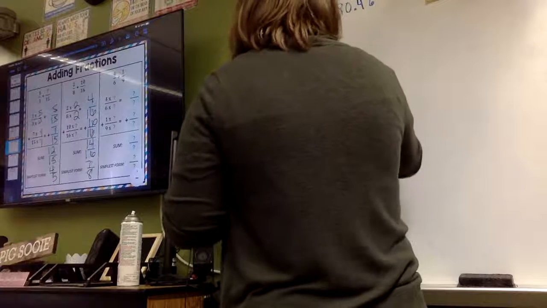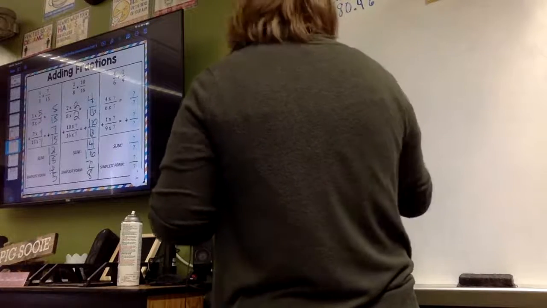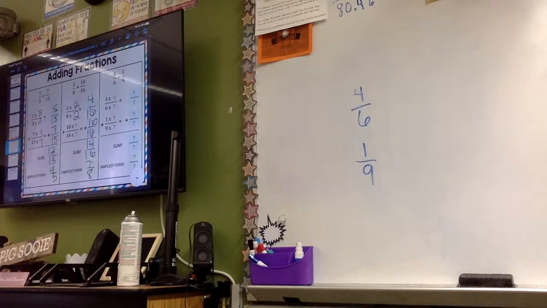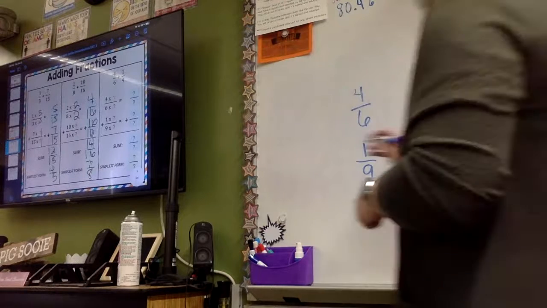So we have 4/6 and we have 1/9. So let's think about it. What would our common denominator be? Nope. Let's write down our multiples.